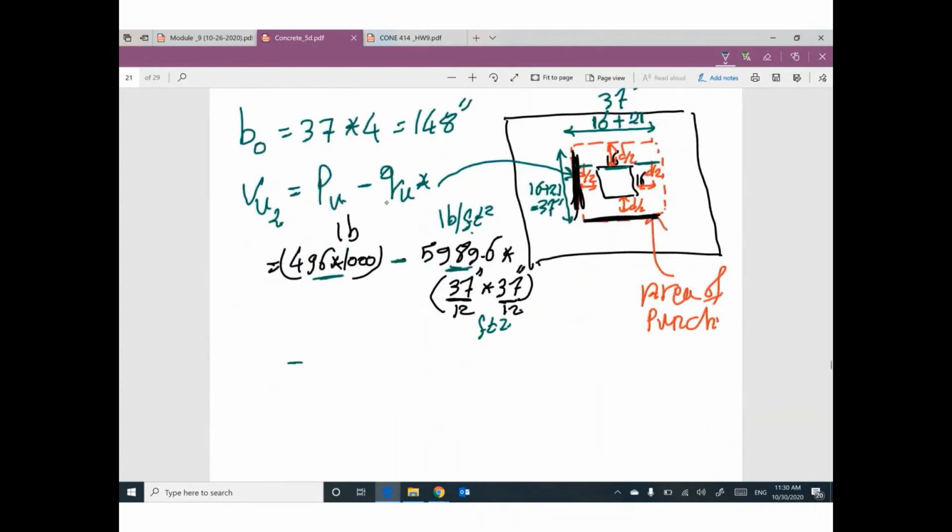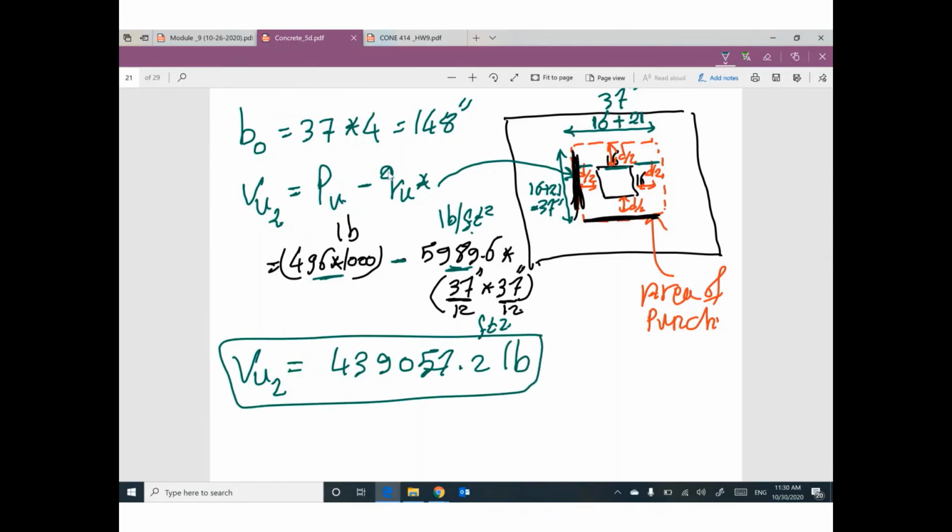So your final value of V ultimate 2 will be 439,057.2 pounds.